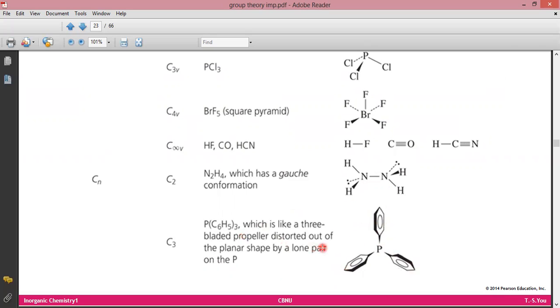If you see this example, it has a three-blade propeller shape distorted out of the planar shape by the lone pair on the phosphorus. Due to the lone pair on phosphorus, the structure of this P(C6H5)3 is like this. That is why it does not have any plane. Only the C3 axis is present. No plane is present in this molecule. So the point group of this molecule is C3. Okay.